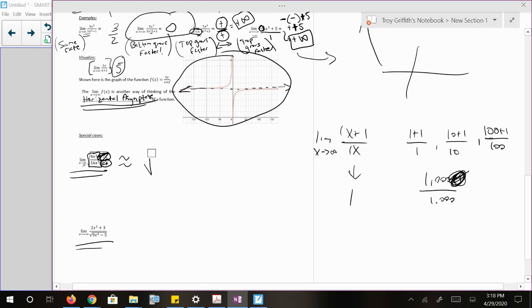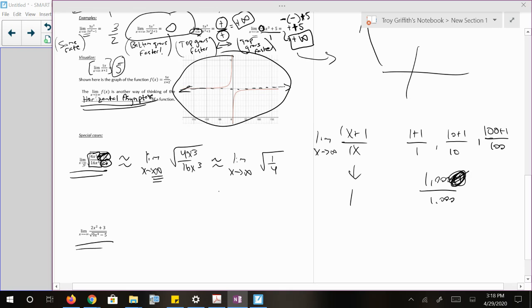If we keep approximating, these x cubes cancel, 4 divided by 16 simplifies down to 1/4, and the square root of 1/4 is 1/2. So this function, as we approach infinity, is going to eventually approach a y value of 1/2.